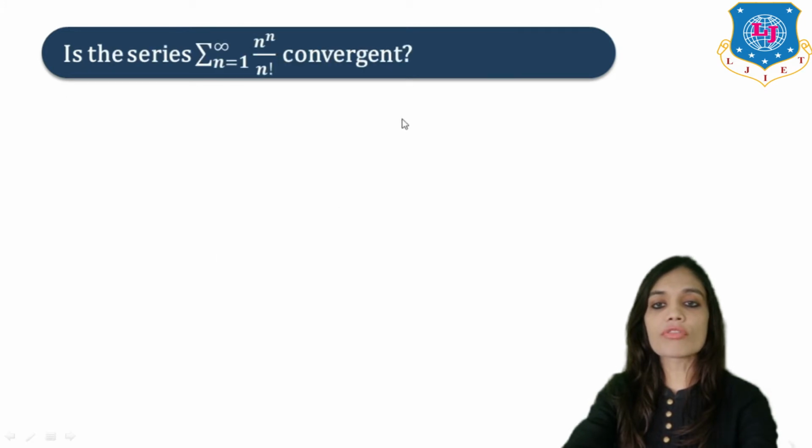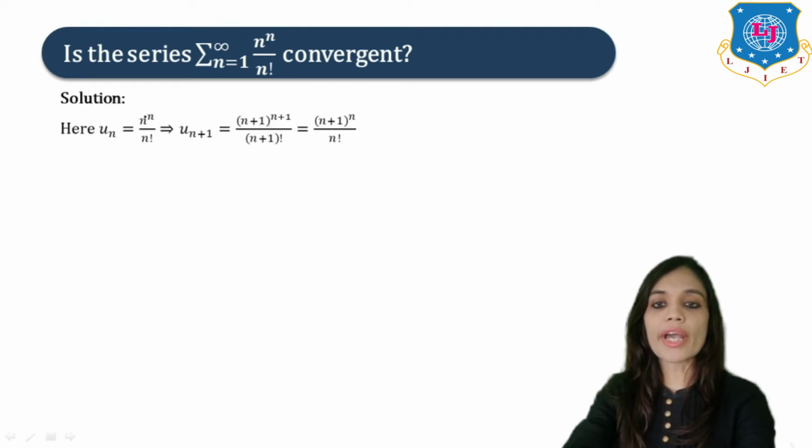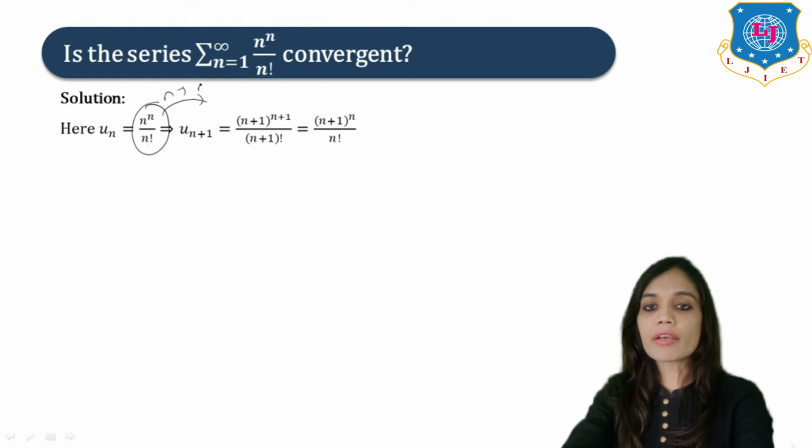Now let us start solving one more example. Is the series summation n equal to 1 to infinity n raised to n upon n factorial convergent? So here you are given un as n raised to n upon n factorial. Now find un plus 1 by replacing n by n plus 1.